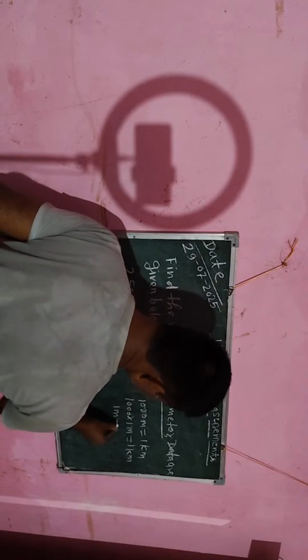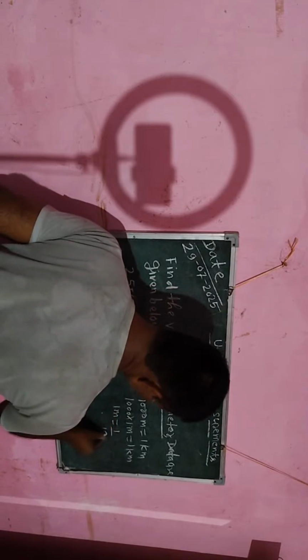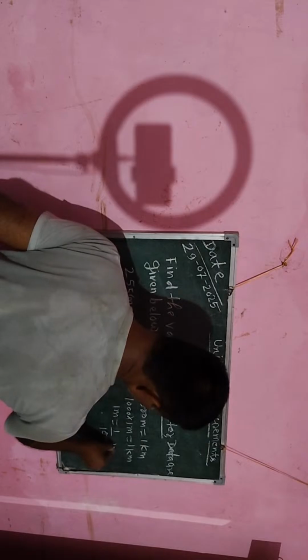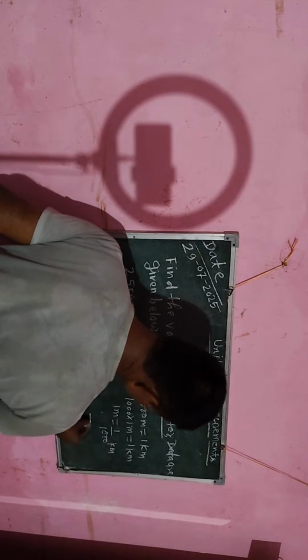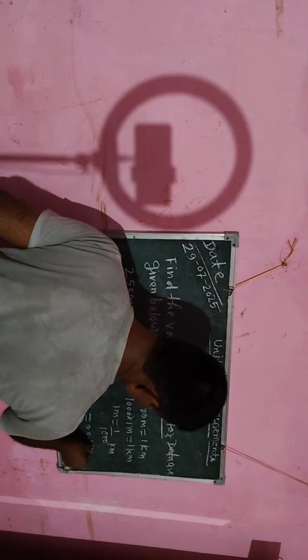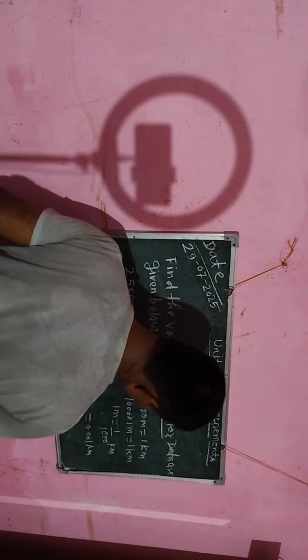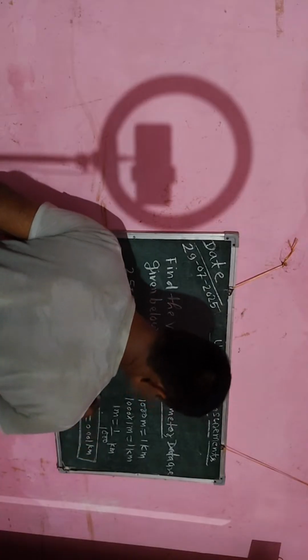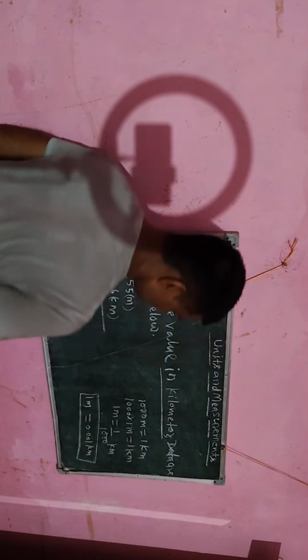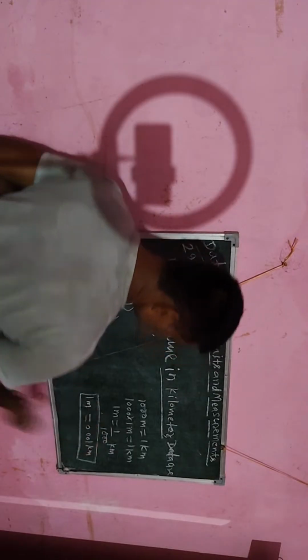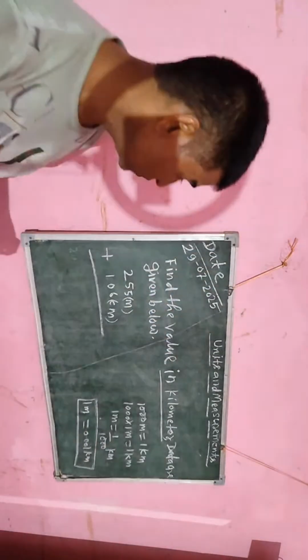So 1 meter is equal to 1 divided by 1000 kilometer. So its value will be 0.001 kilometer. So 1 meter is equal to this distance, and this is given by scientists of all countries. So that is known as SI unit.